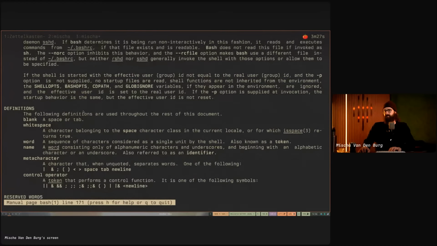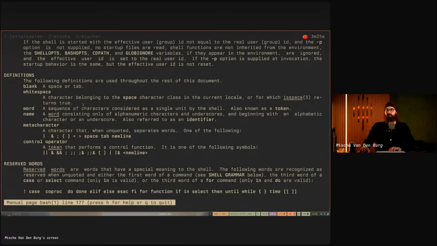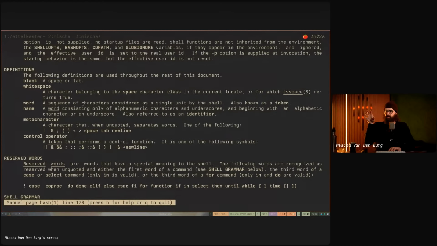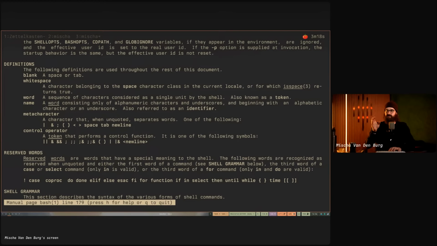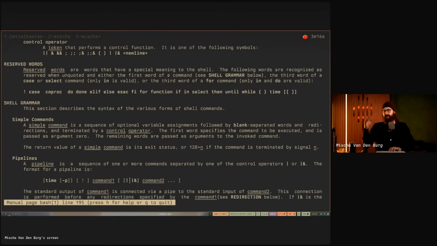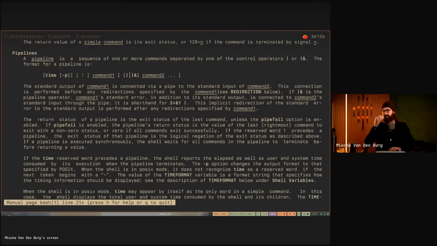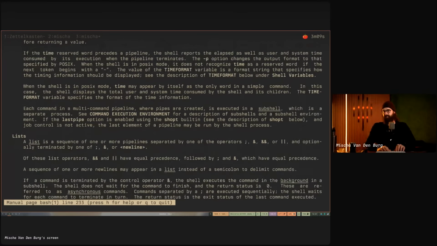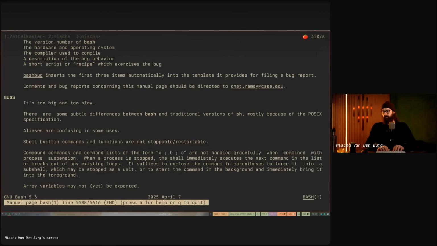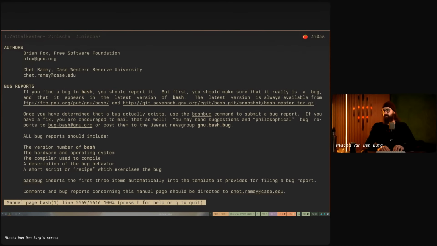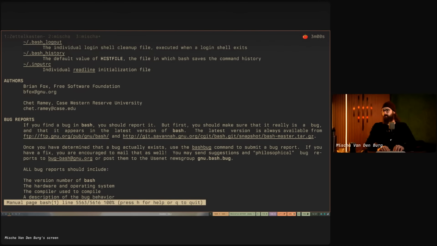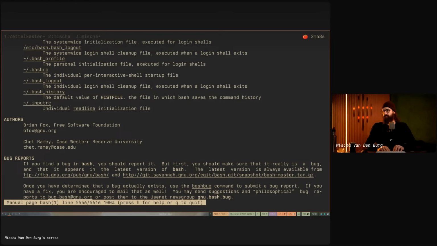You don't need to look much further than what you have readily available on your system to get a deep knowledge of Linux. Okay, the man bash, every self-respecting engineer should read this from top to bottom at least once in their lifetime. Okay, so what I was looking at is if bash has anything about the history of bash. Okay, so Brian Fox is the author of bash.